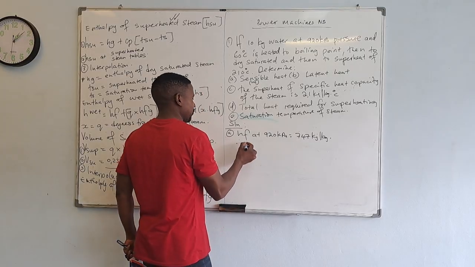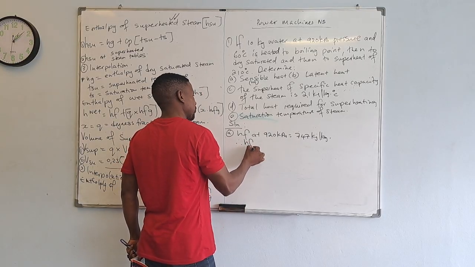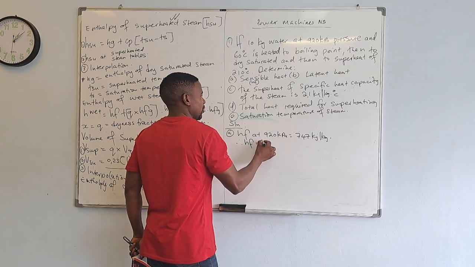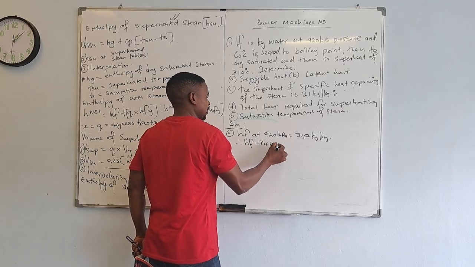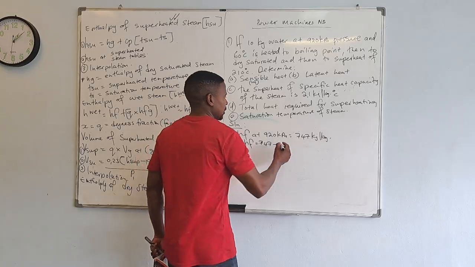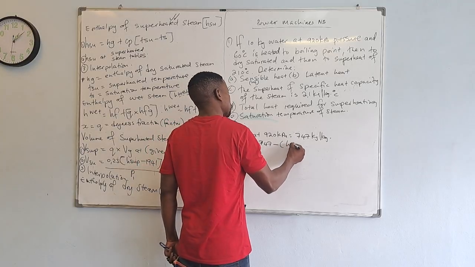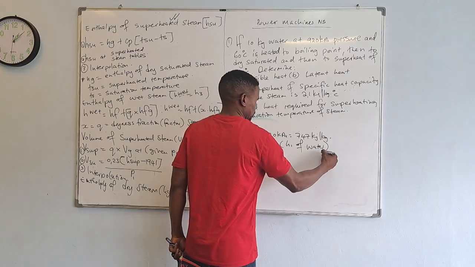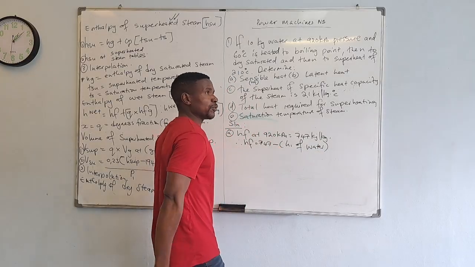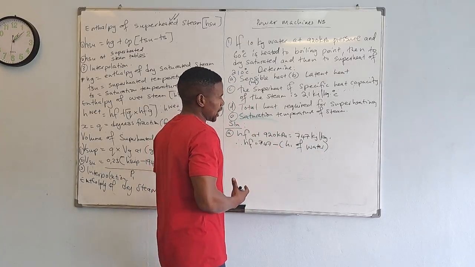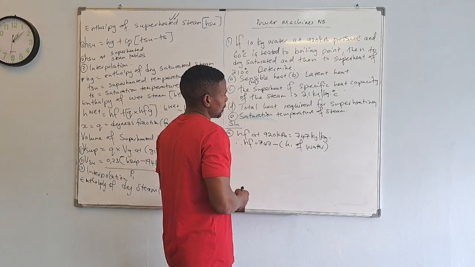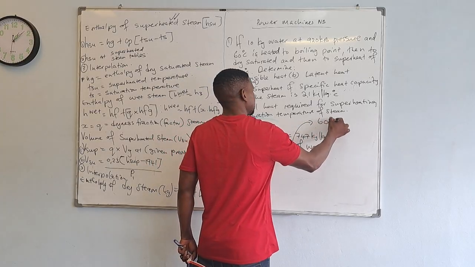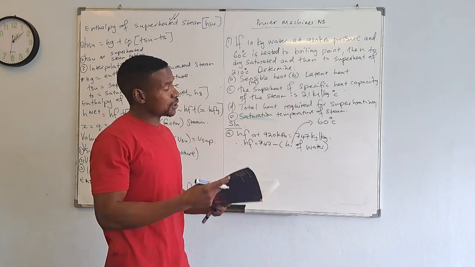Now, for you to get the total enthalpy here, we now say, therefore, Hf, which is 747 minus our H1 of water. Now, to get our H1 of water, we have a number of formulas which you can use. The easier one is to go directly to 60 degrees Celsius at your steam table.